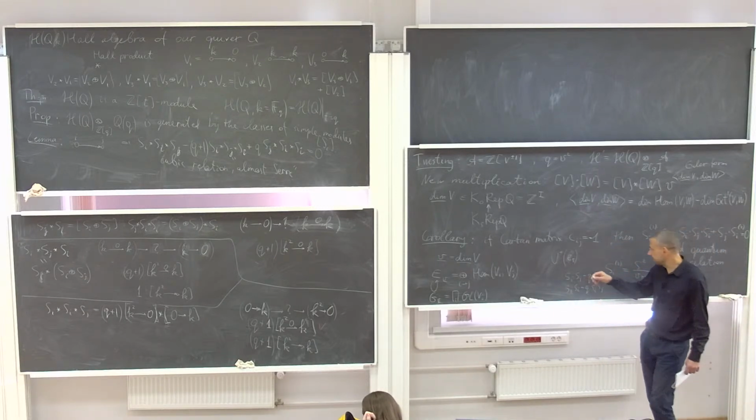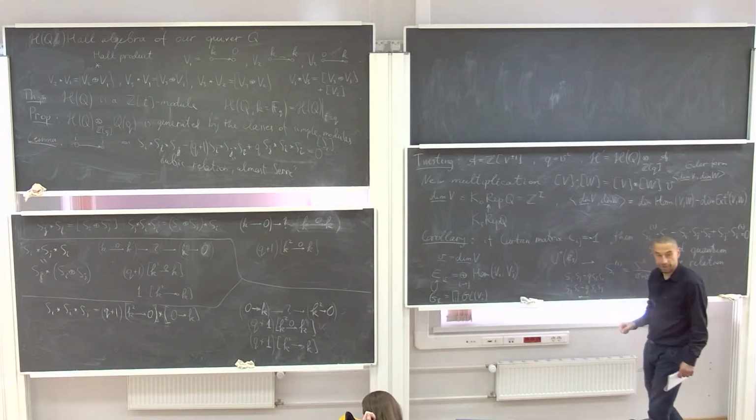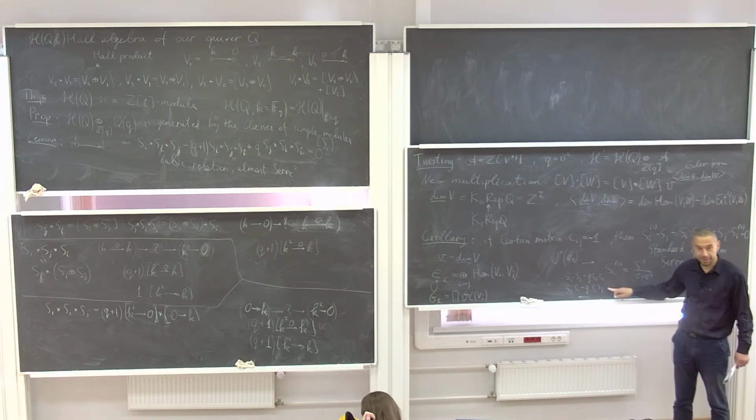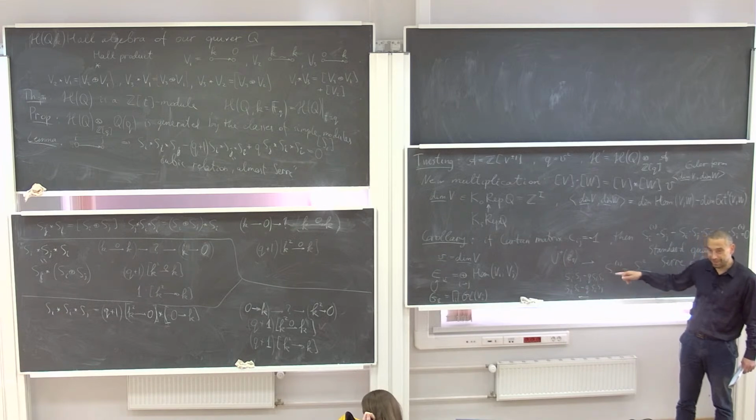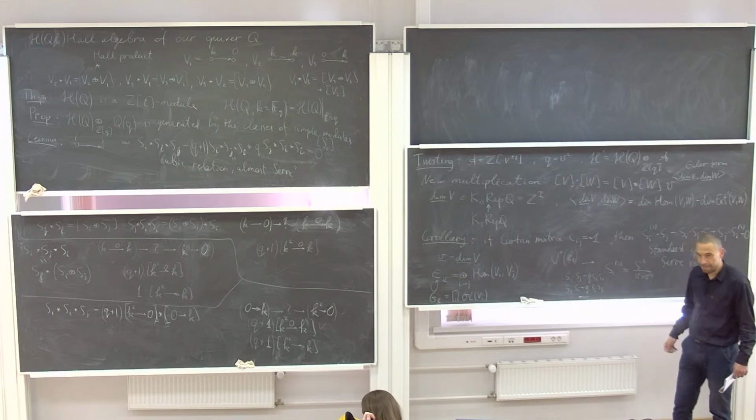So this is the choice for one orientation, and this is the choice for the opposite orientation. And these are different elements. Already for the next root vector, there are two different choices.